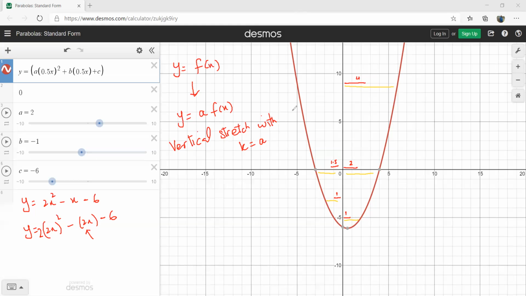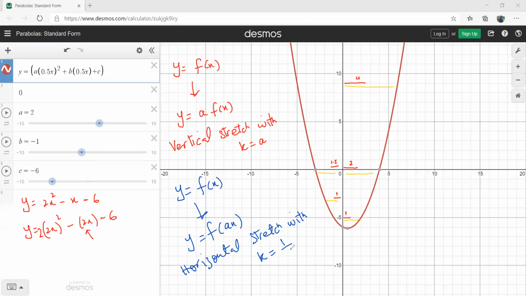And similarly, if you have y equal to f of x and you transform that onto y equal to f of a x, this shows a horizontal stretch. Now what would be the scale factor? If you see a being multiplied with the x, sir, 1 over a. 1 over a. God bless you, beta. This is going to be 1 over a.